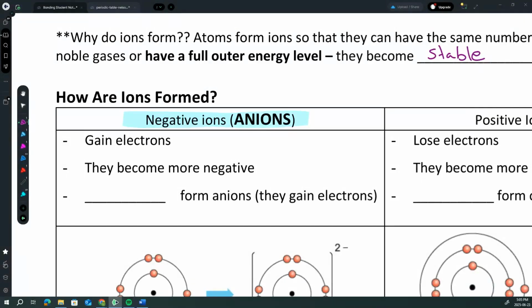The type of elements that form anions are going to be nonmetals, the exception being hydrogen, because hydrogen can either form a cation or an anion.